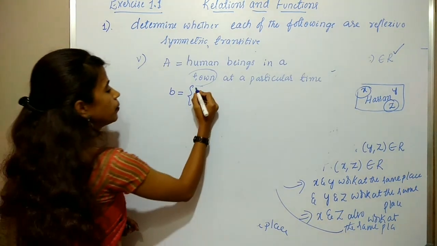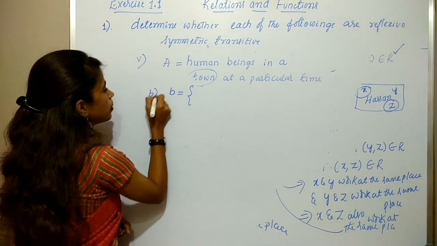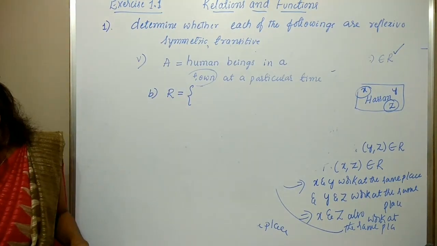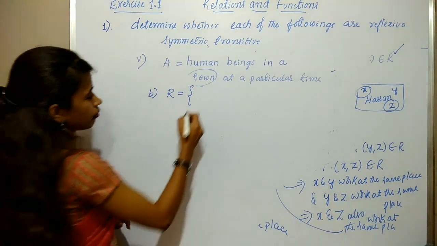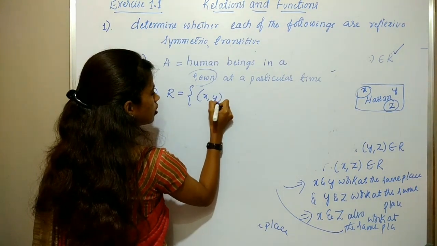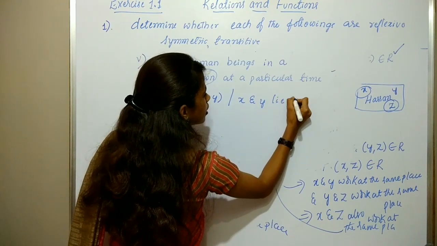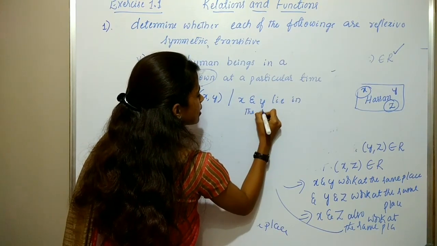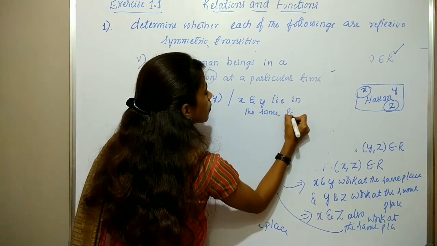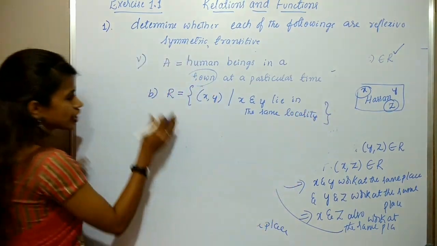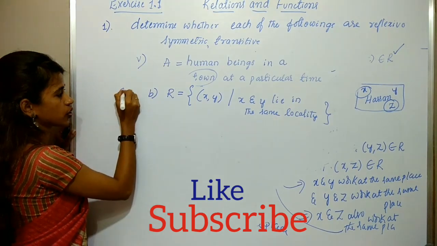So what is the relation in question B? Here R is equal to the set of x comma y such that x and y live in the same locality. Which is similar to the first one, A.